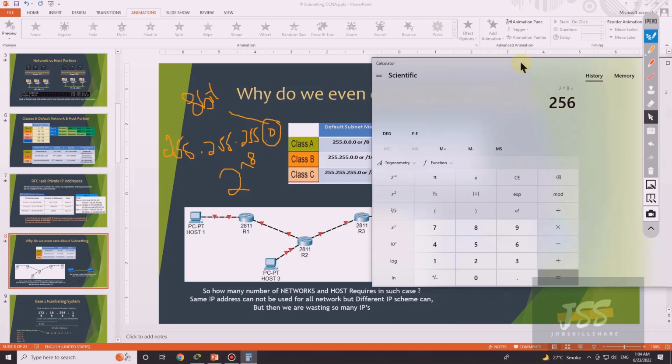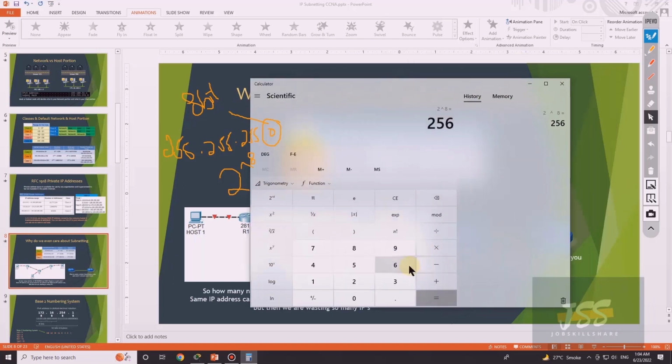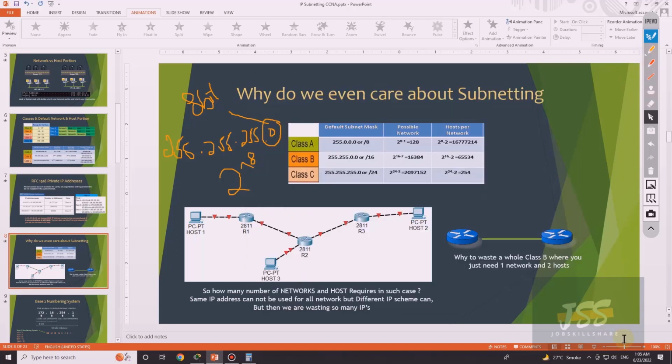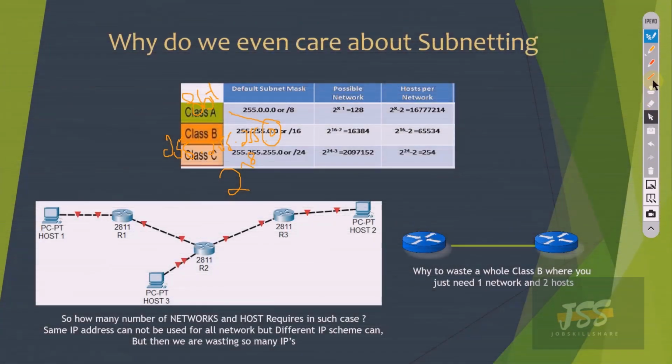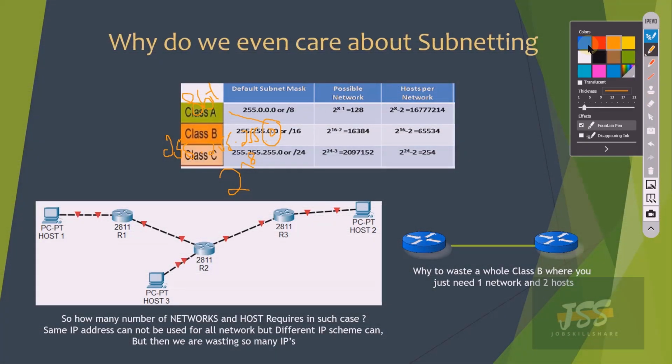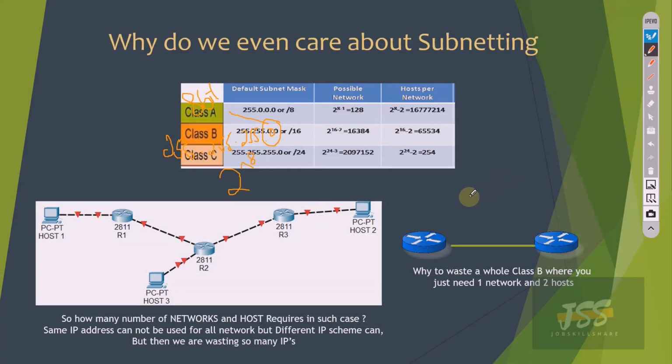But we always do minus 2, which becomes 254 hosts, meaning a total of 254 IP addresses we can provide on class C, which we were using here.